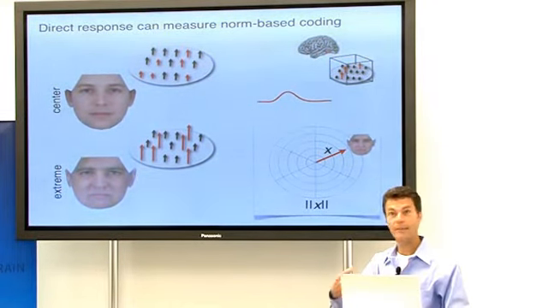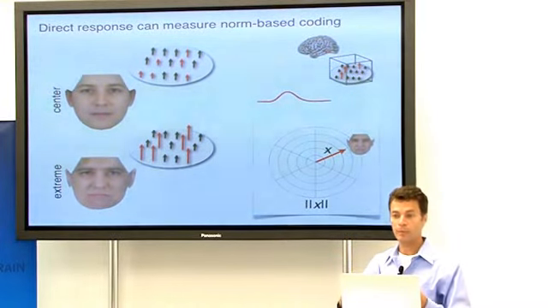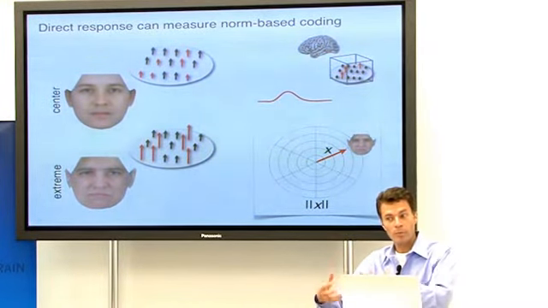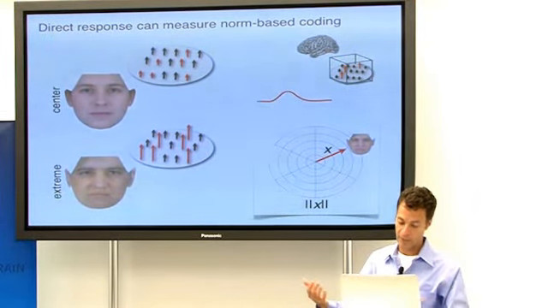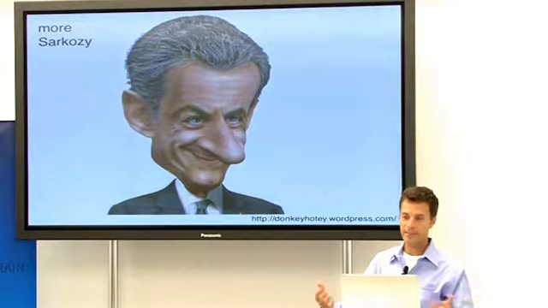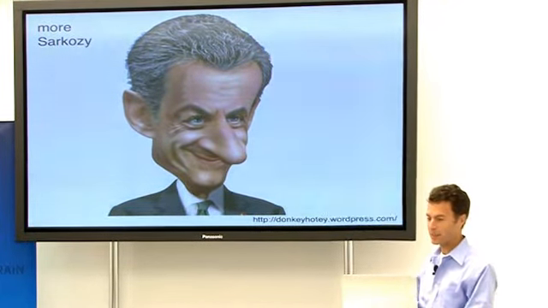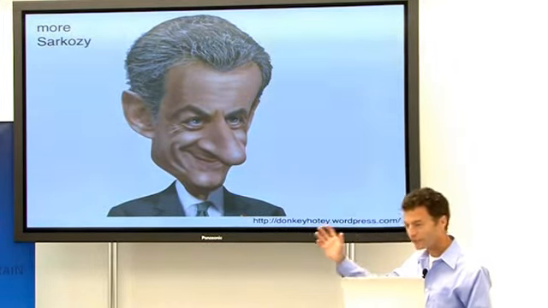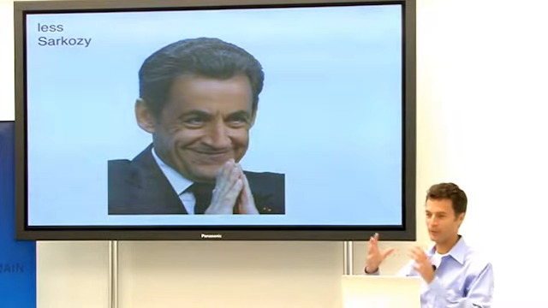So just classic, and there are a lot of very interesting effects. So for example, the caricature of a face is sometimes regarded as a better representation of the person than the person themselves. So here's an example of this. This is a picture of Sarkozy, and you look at this, it's like, oh, it's Sarkozy. Of course, it's very easy to recognize. And actually, people are faster to recognize in general caricatures like this than the actual Sarkozy. So that's the caricature type manipulation.